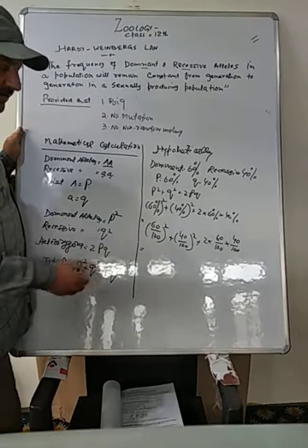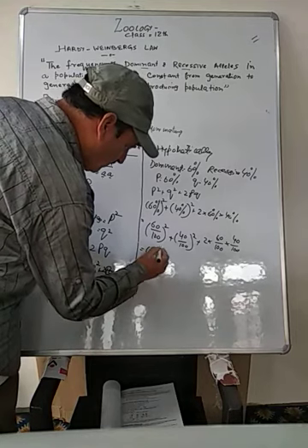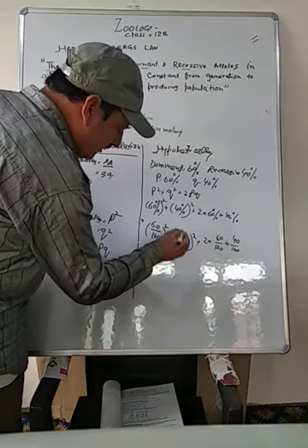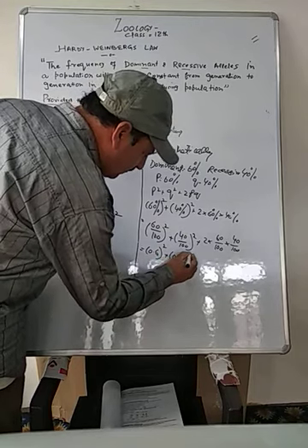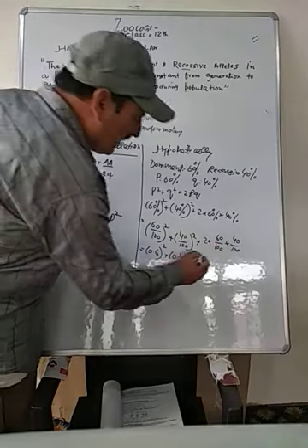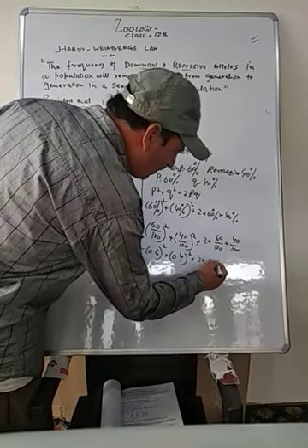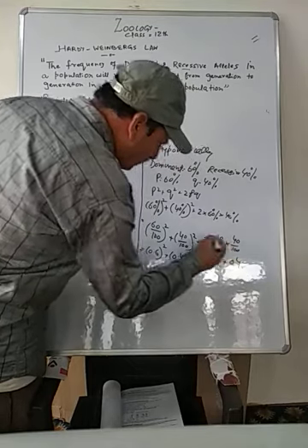If 60 is divided by 100, it will be 0.6 square, plus 40 divided by 100, it will be 0.4 square, plus 2 into 0.6 into 0.4.